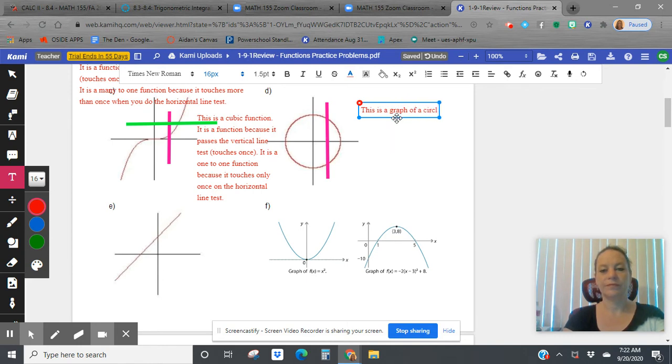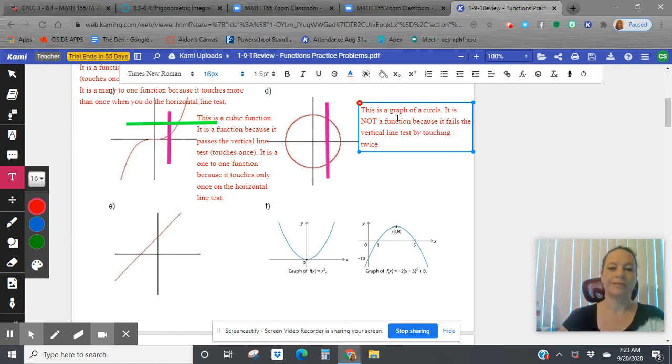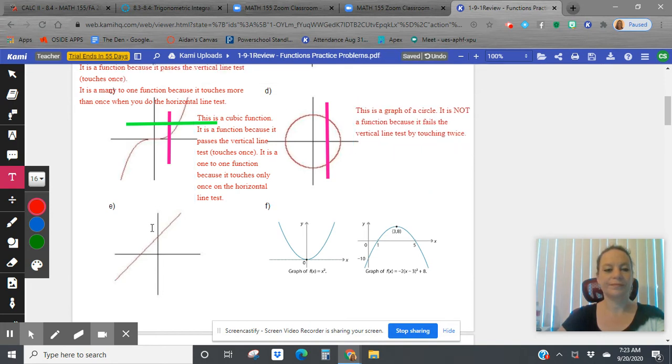It is not a function because it fails the vertical line test by touching twice. So we do not test to see if it's a many-to-one or a one-to-one because it's not a function at all.